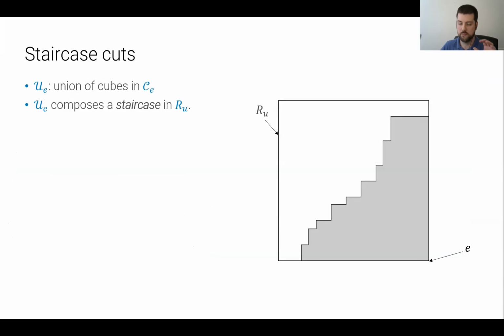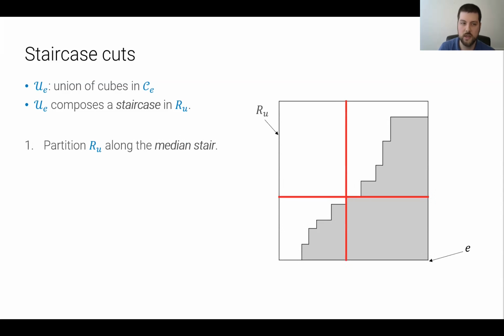Okay, so just rotating that figure a little bit, this really becomes a 2D problem. We have the union of these cubes, and the boundary of those cubes within RU makes this monotone rectilinear chain. We call this a staircase. What we're going to first do is make a pair of cuts along the median stair of the staircase.